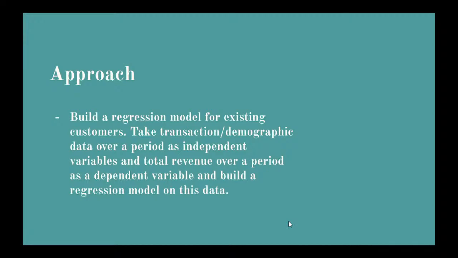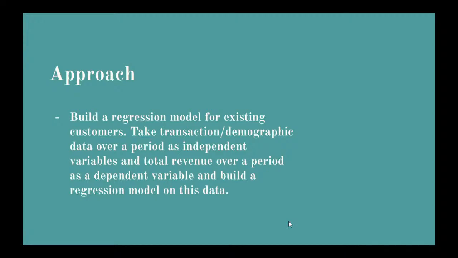Demography includes the age, the employment, the income range, as well as other important features you have in your database. And you look at the transactional data over the past 6 months, and that becomes your independent variable.